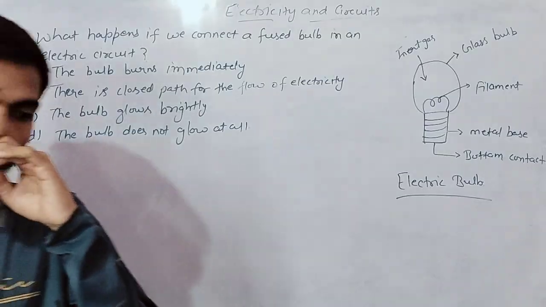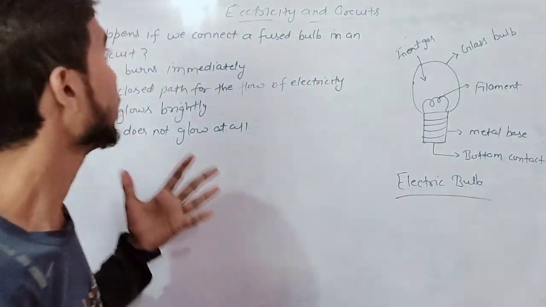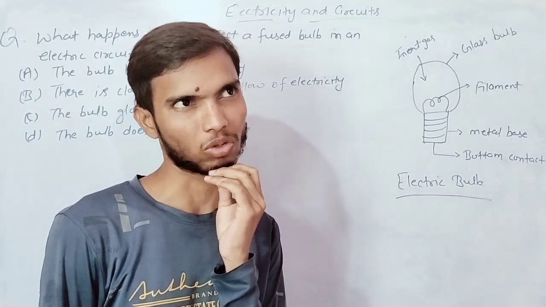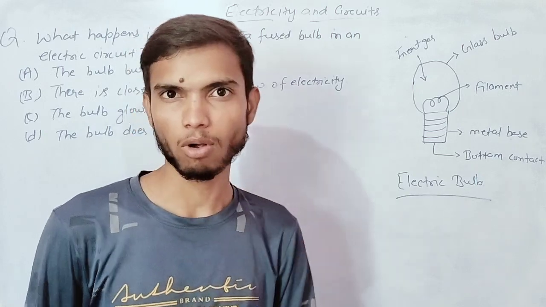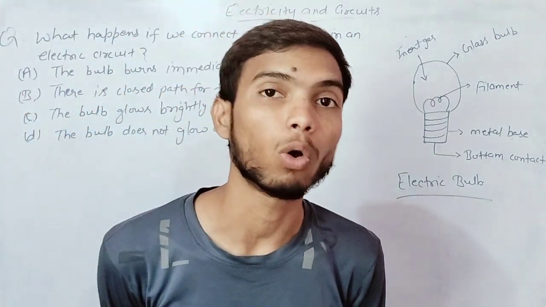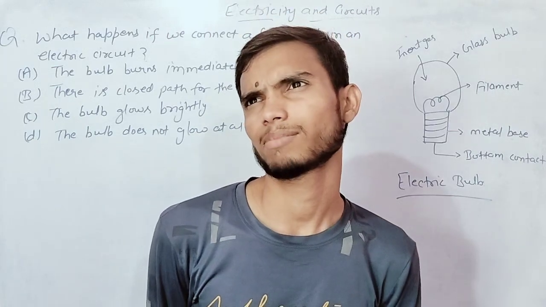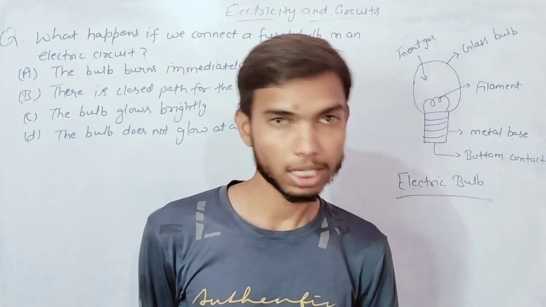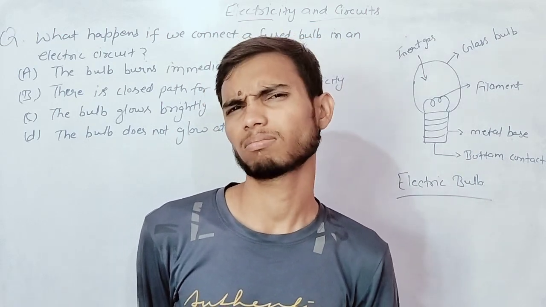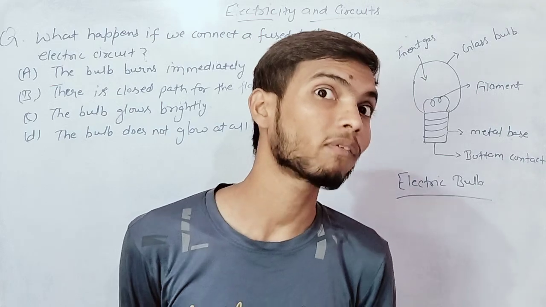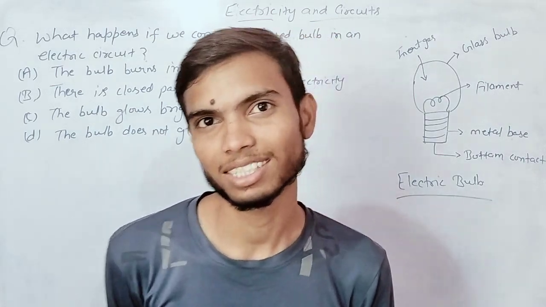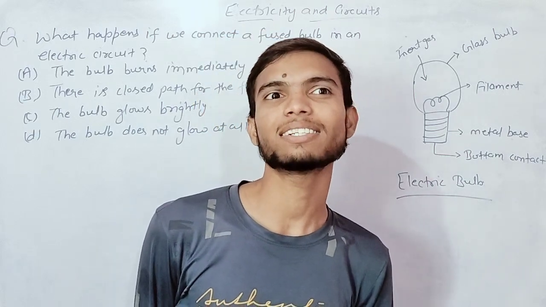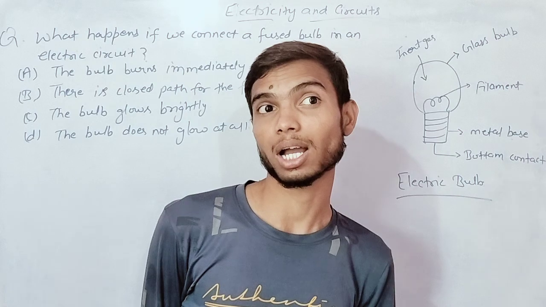What will happen if we connect a fused bulb? What is a fused bulb? How does a fused bulb look? Can we say it does not work, it does not glow? Because we have been given a fused bulb, it means something is wrong with the bulb.